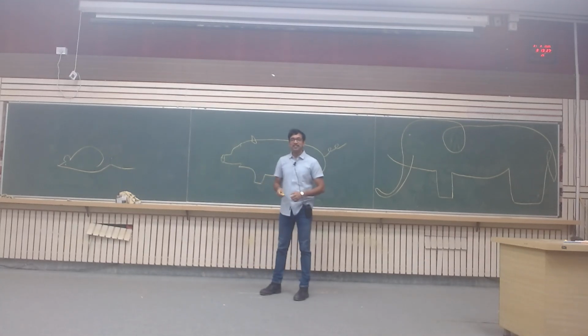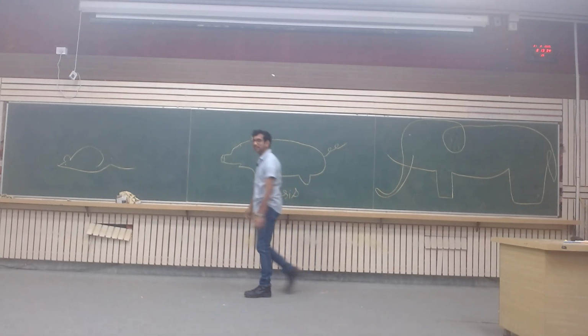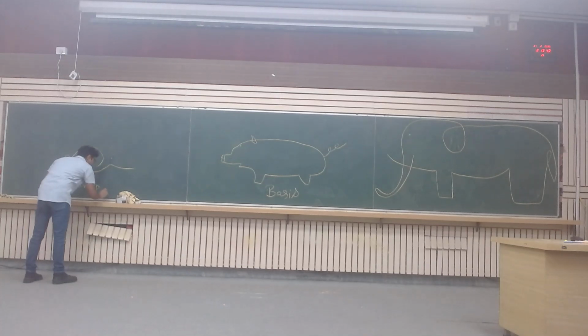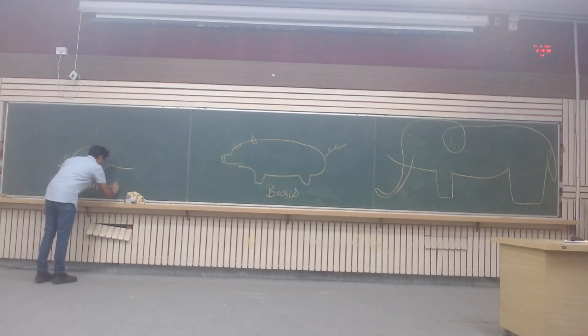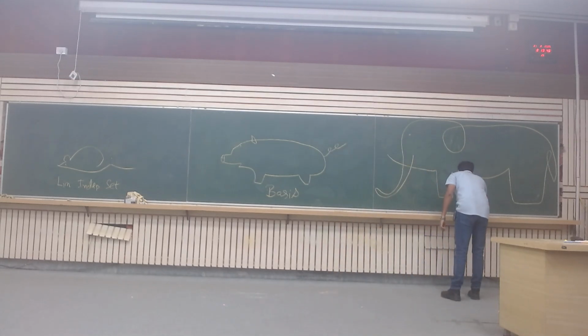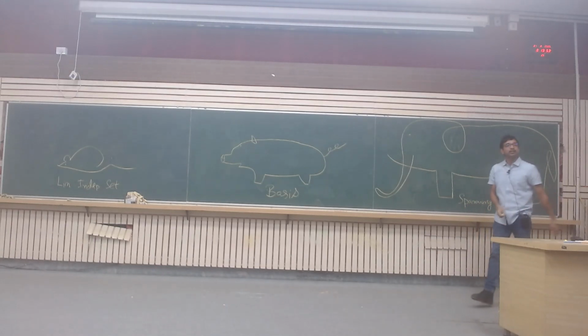And for our basis, we are in kind of a similar situation. Okay, here we have basis. Here we have linearly independent sets. And here we have a spanning set. Okay.